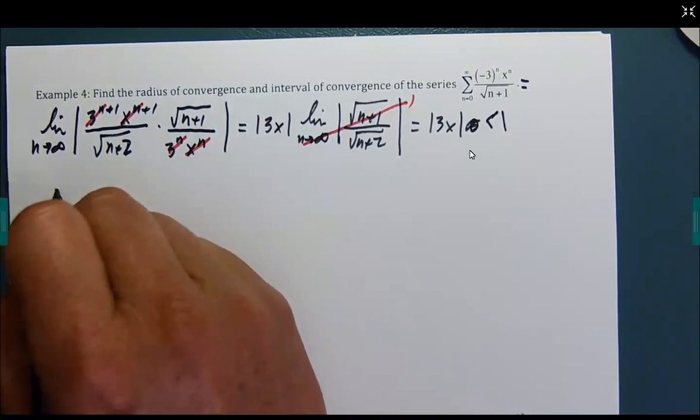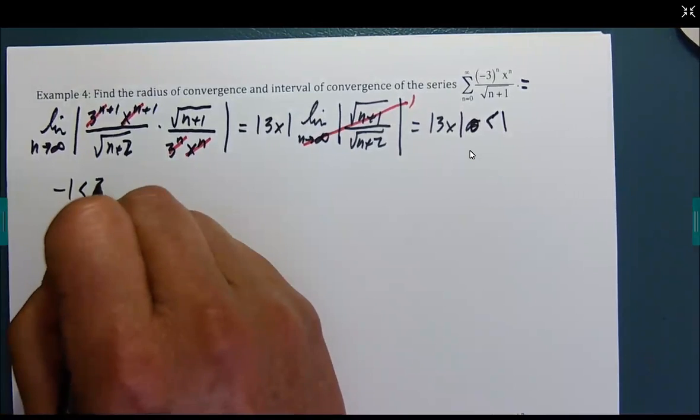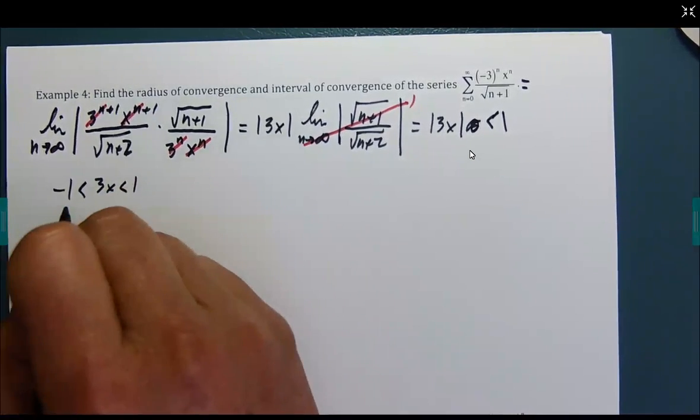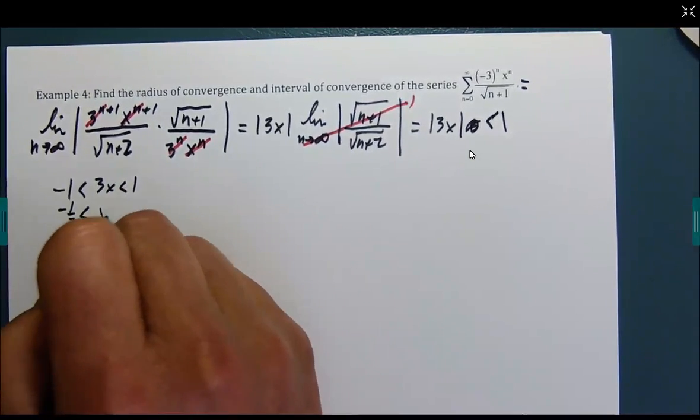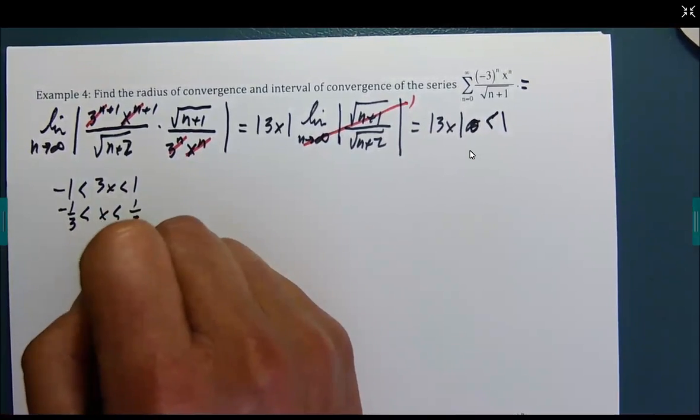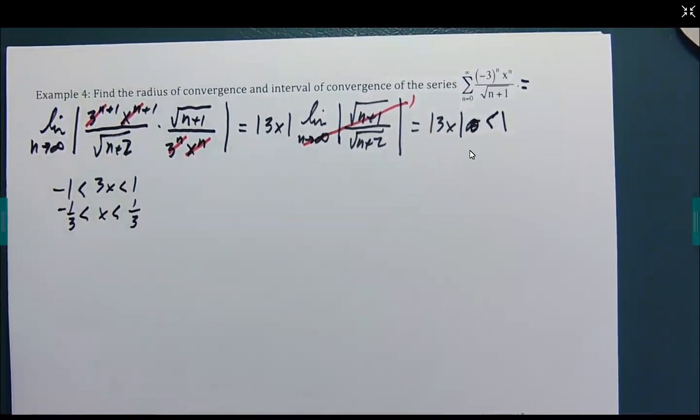So this means negative 1 divided through by 3. So here's our interval. And we now need to test the endpoints. So let's do that.